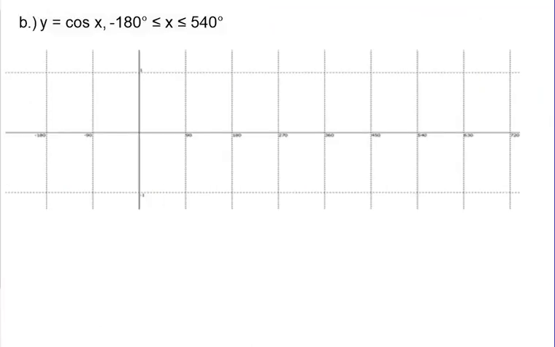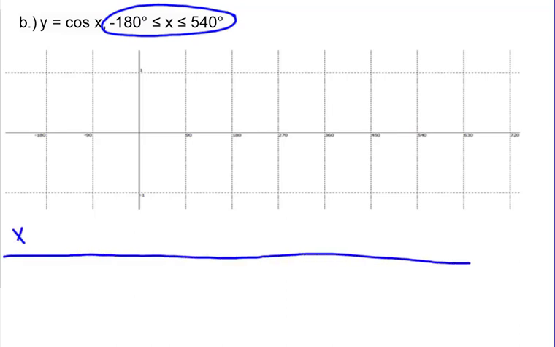So now if we want to graph cos of x from negative 180 to 540, key things to note, we are in degrees, so that's kind of nice. It's a little bit hard to read here on the board, but same thing if we do our x's and our y's. Well, we're given intervals of 90 degrees.